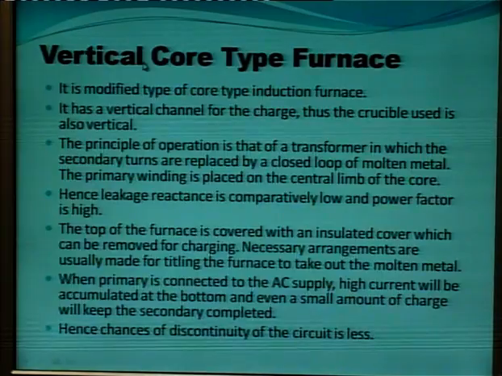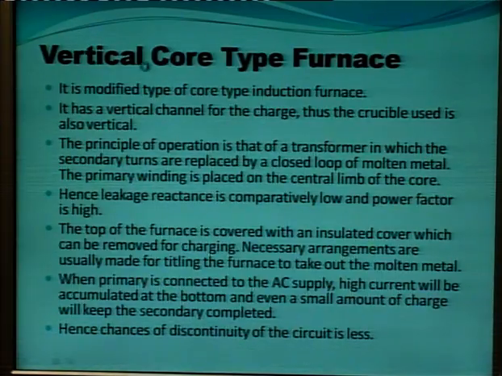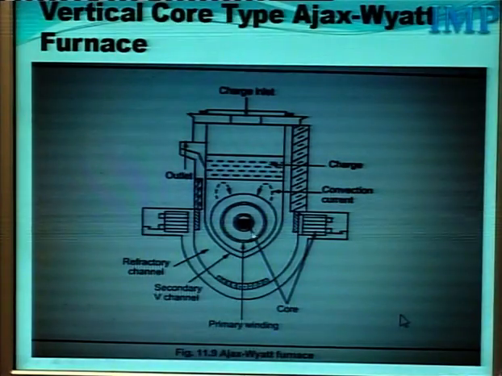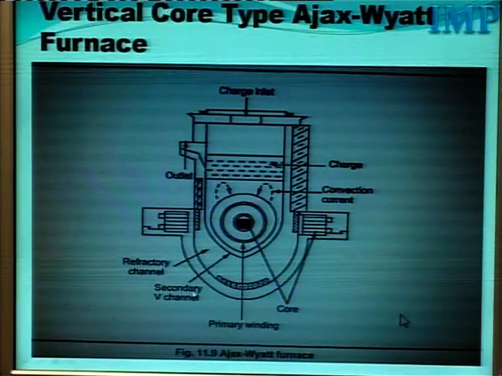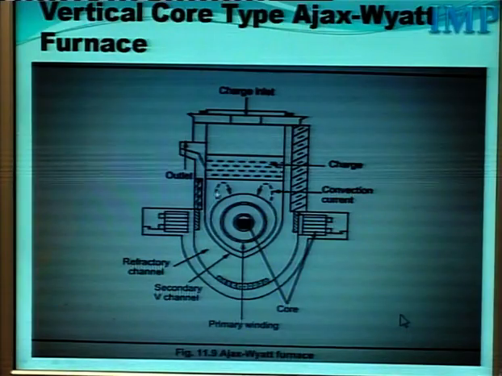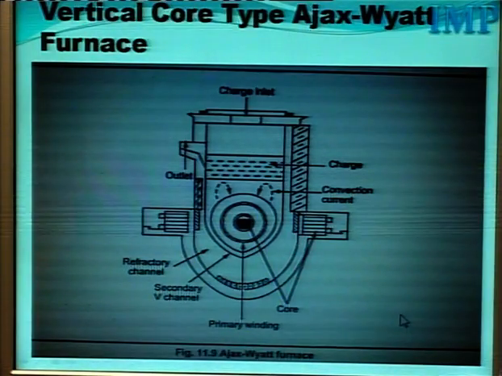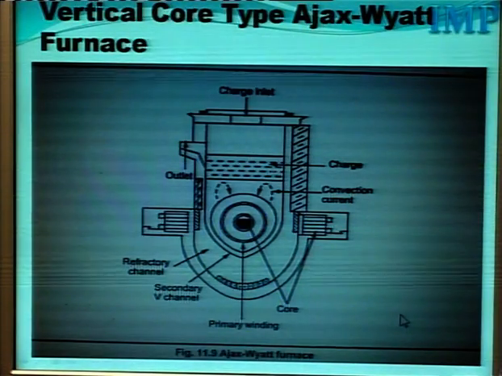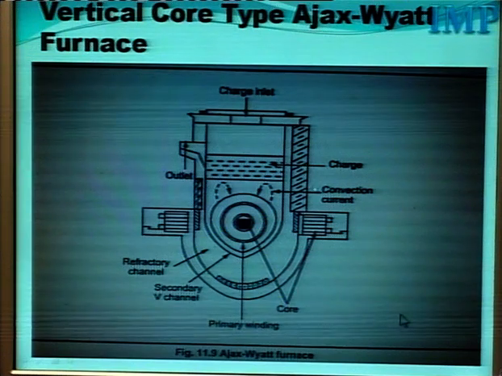Now in vertical core type furnace, first of all see, this is a primary winding, this is a secondary V channel, this is a refractory channel in order to avoid the loss of heat. Now this is a charge which we want to heat.